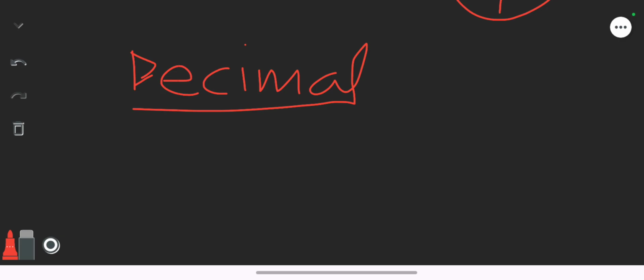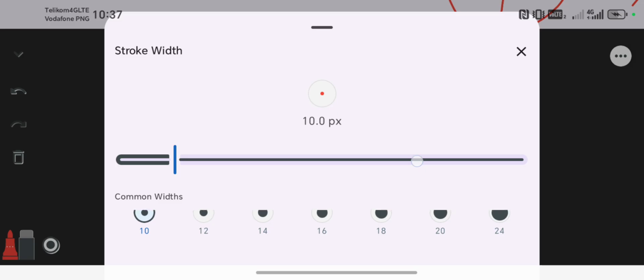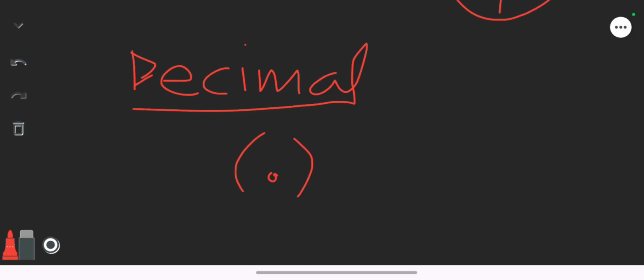A decimal is another way of writing fraction using a decimal point.